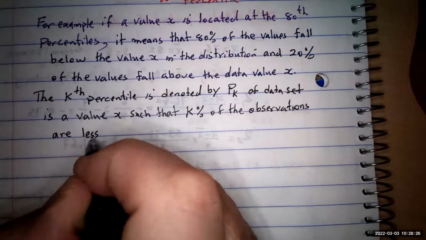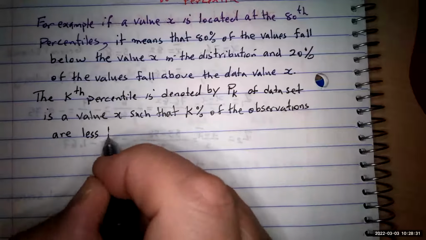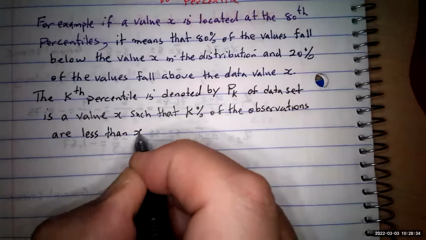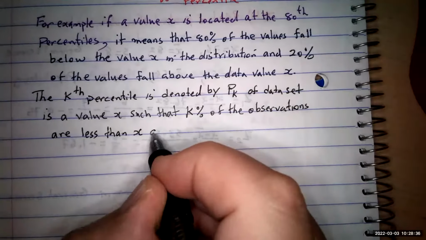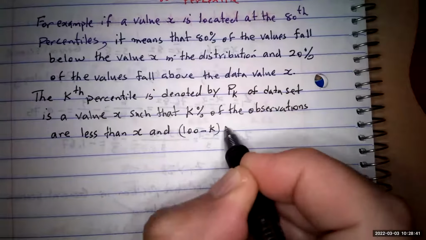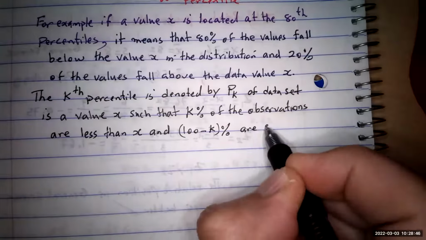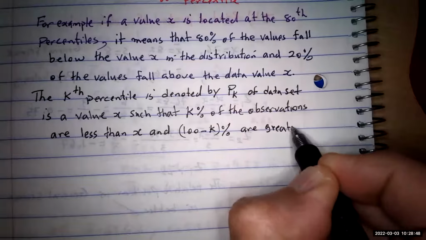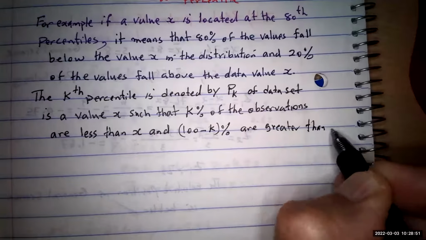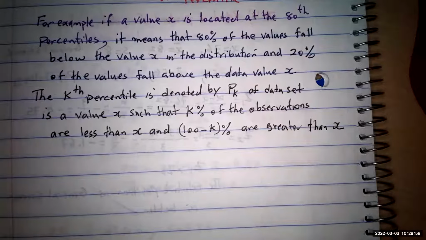In some books, they say less than or equal. It doesn't matter. We go with less than. And the complement, 100 minus k%, are going to be greater than x. Okay, that's exactly what I described for you. Okay, any question?